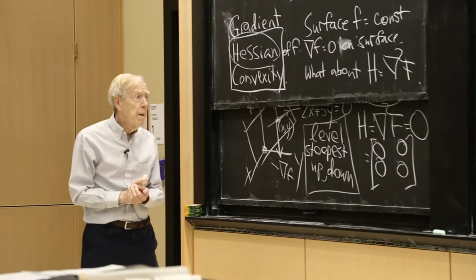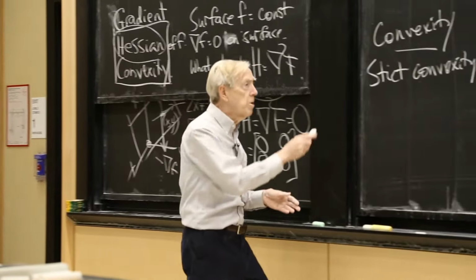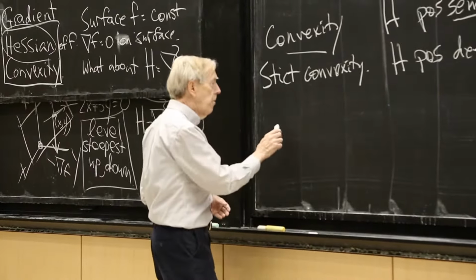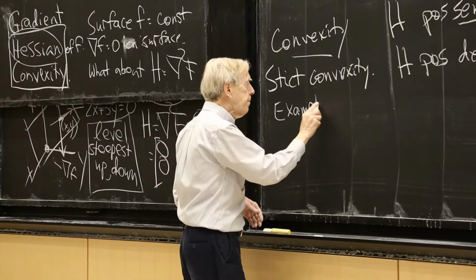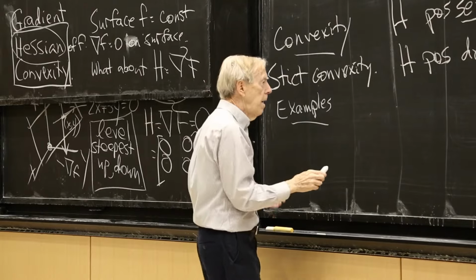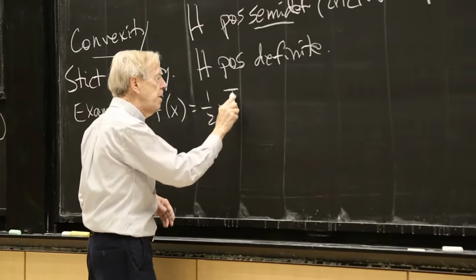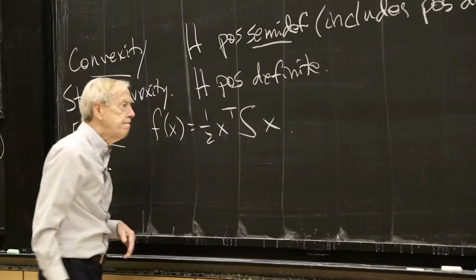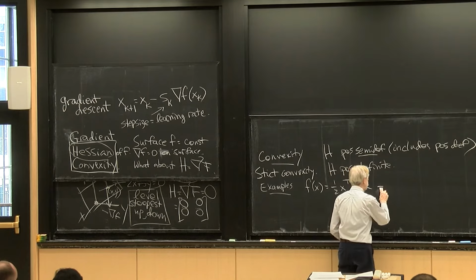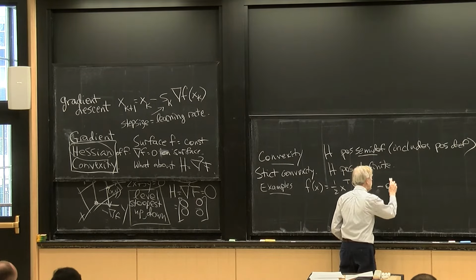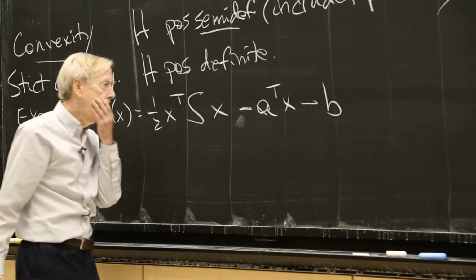Good. Some examples. Okay, the number one example, of course, is the one we're talking about over here. So examples: f of x equal 1/2 x transpose Sx. And of course, I could have linear terms, minus a transpose x, a linear term, and I could have a constant term.